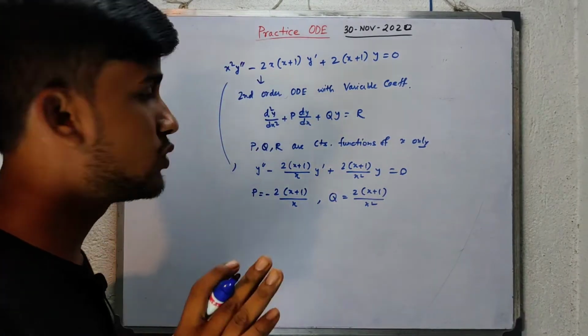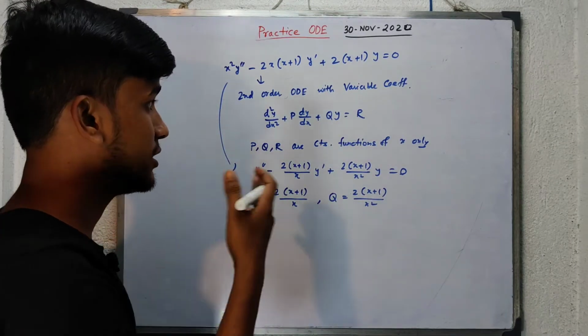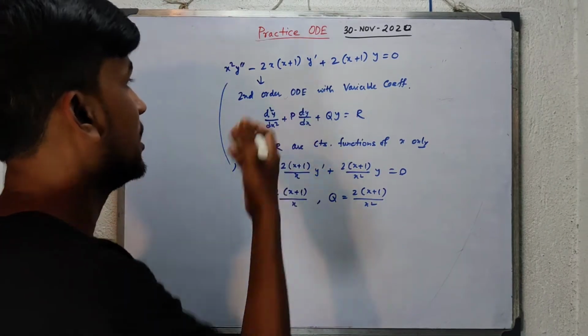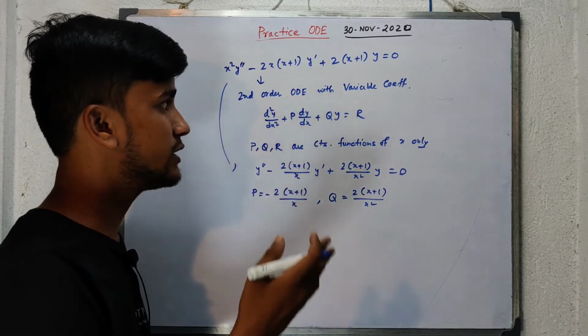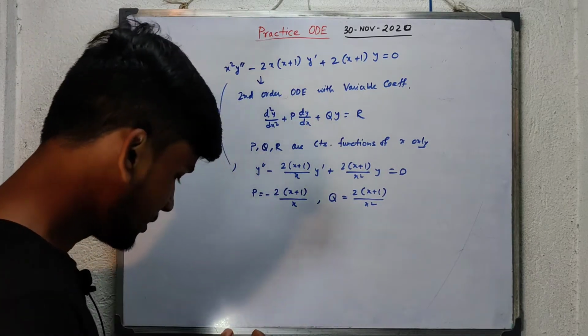Now we know some standard forms to get the solutions of second order homogeneous ODE with variable coefficient. What are the standard forms?